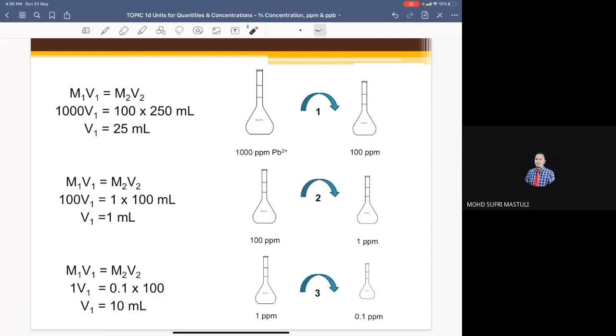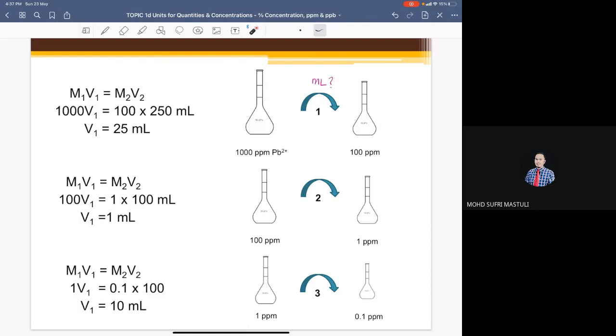We want to know how many ml of 1000 ppm are used. So M1, we don't know the V1, we want to find out. This one is 100 ppm in the 250 ml of volumetric flask, and then we can get V1.